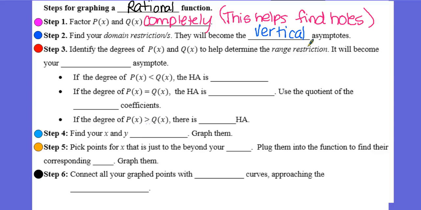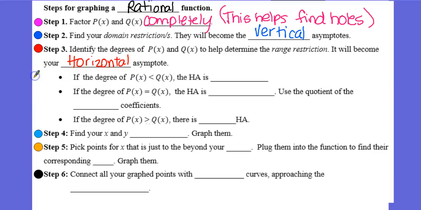Every once in a while we might do 3. Okay, so that's step 2. Step 3, identify the degrees of your numerator and your denominator to help determine the range restrictions. It will become singular. It will become your horizontal asymptote. Typically, there's only one of those if it's a function, typically.